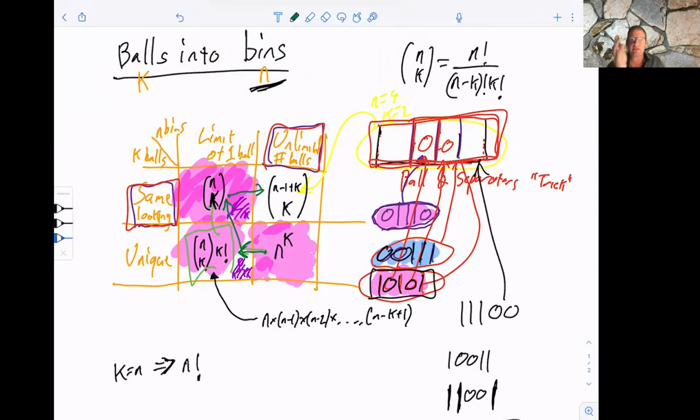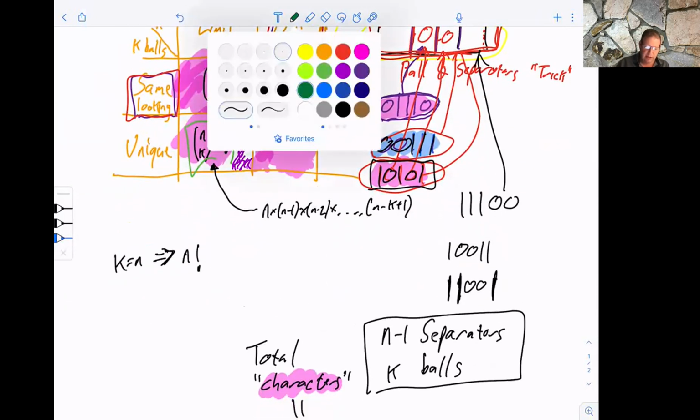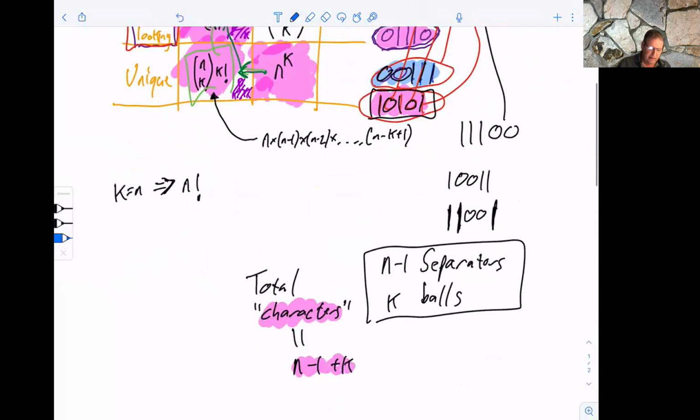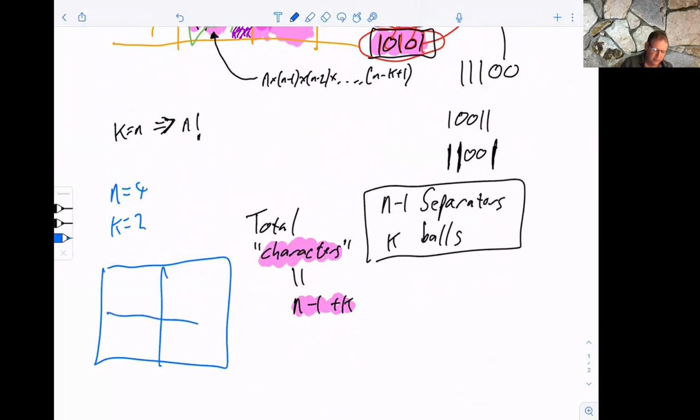Okay, let's just see for this example that we have. Numerically, in our example, we had n equals 4 and k equals 2. Let's do all the cases. Here we've got 4 to the power 2, which I believe is 16.